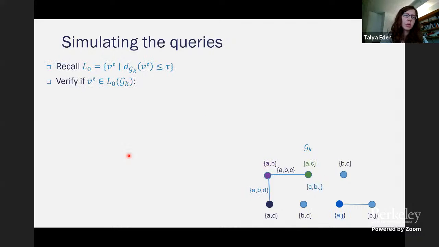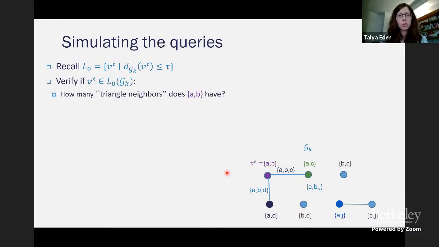Okay, so let me start with this query. We want to verify if VE belongs to L0. So assume now that I'm looking at this node here, VE of the edge AB. I want to know if it belongs to L0. So what I want to know is how many triangle neighbors this edge has.